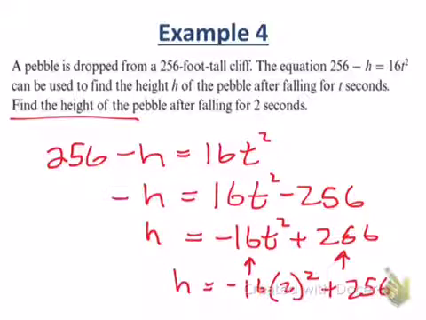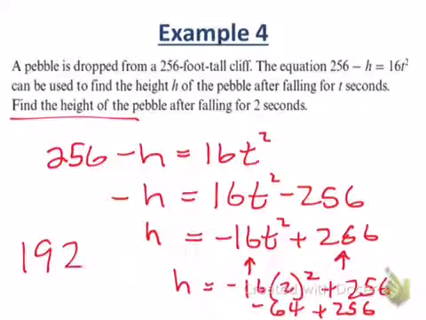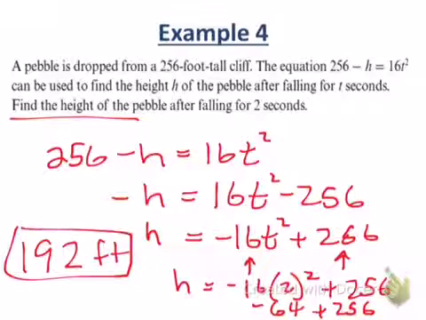You wouldn't have to do it that way, obviously. Negative 64 plus 256 is 192 feet. So after 2 seconds, it is 192 feet off the ground.